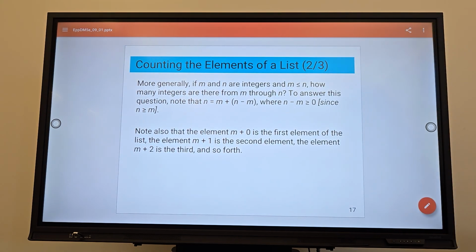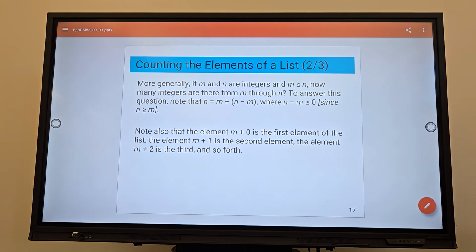More generally, if m and n are integers and m is less than or equal to n, how many integers are there from m through n? To answer this question, note that n equals m plus (n minus m), where n minus m is greater than or equal to 0. Note also that the element m plus 0 is the first element of the list.